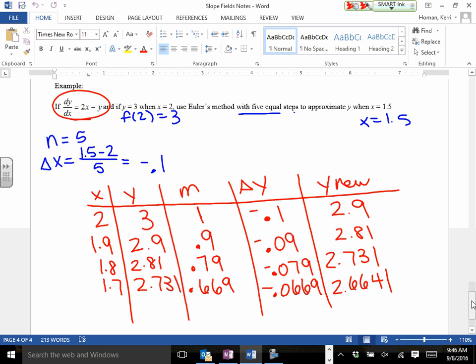All right. Last time. Our new x is now 1.6 with our y value of 2.6641. Wait, 1.6. Yeah, I added. There we go.